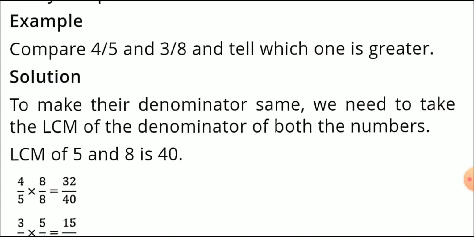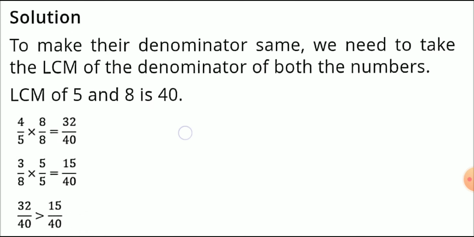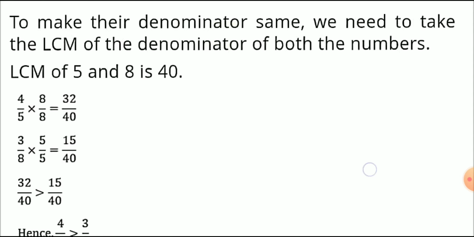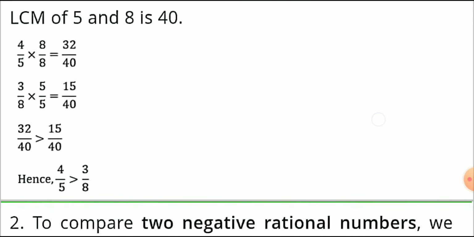Similarly in 3 upon 8, to make the denominator 40, you will multiply with 5. So we can see here 32 upon 40 and 15 upon 40. Which one is greater? 32 upon 40, which is the equivalent form of 4 upon 5. By this we can say 4 upon 5 is greater.